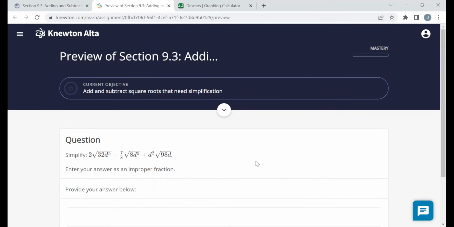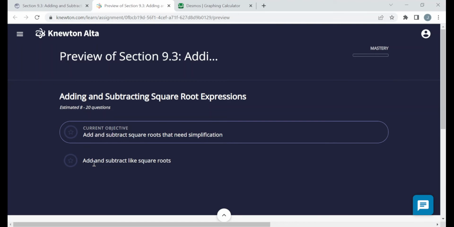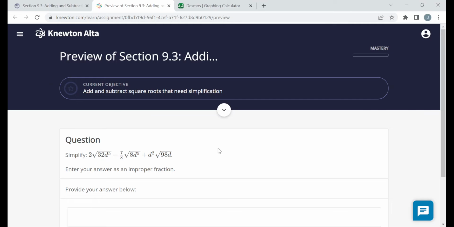Alright, so the first objective I'm looking at here is add and subtract square roots that need simplification. And you'll notice the other objective is add and subtract like square roots. These are the only kinds of square root terms we can actually add, and let me talk about that real quick before I get into this example.